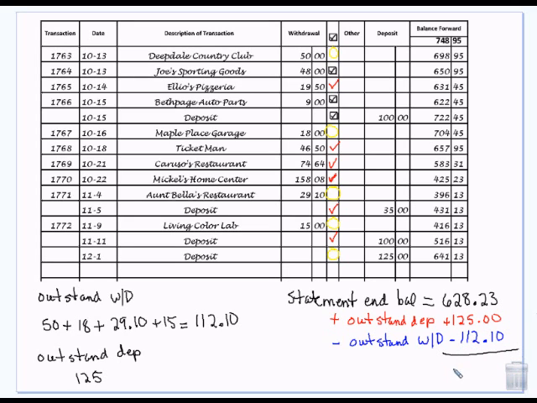And when I do that, I get my revised statement balance, which is 641.13. And what I want to check is that these two things match.